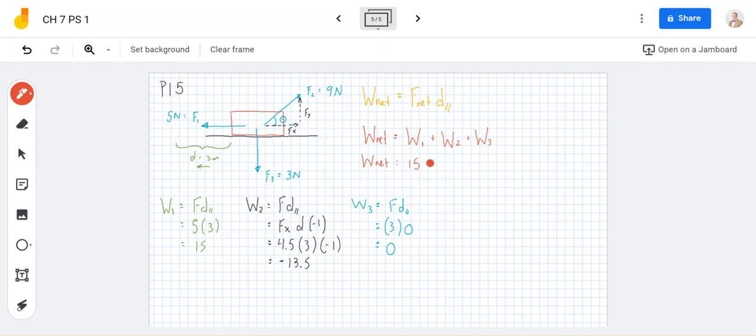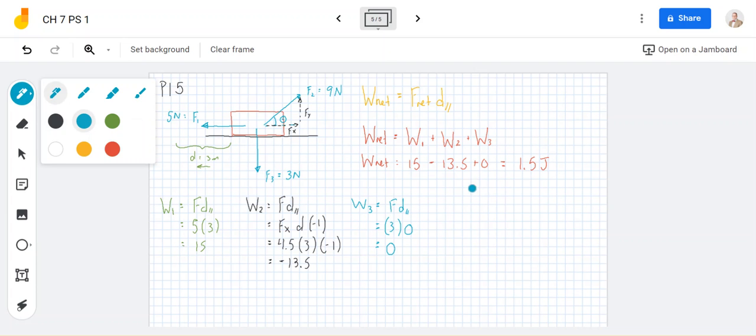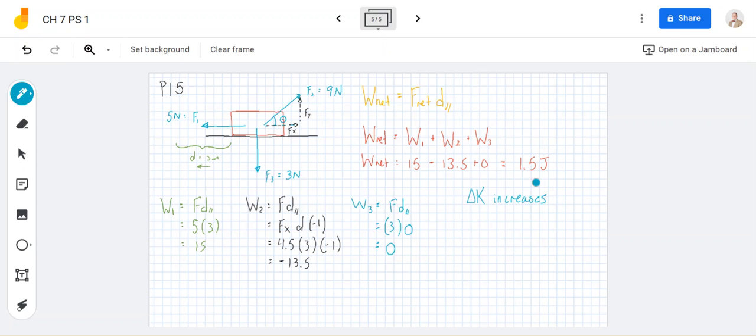This is positive 15, this is minus 13.5, this is 0, so my net work is 1.5, and it's energy, so it's joules. The second question says, does the kinetic energy increase or decrease? And the answer is it increases. Some people said it increases because our thing is speeding up in this direction.